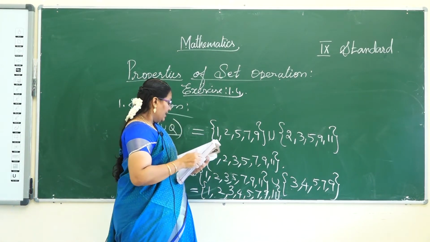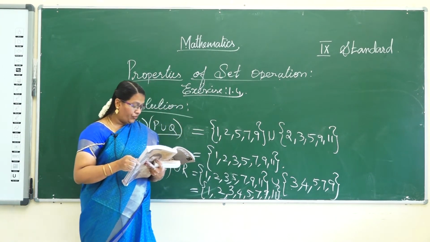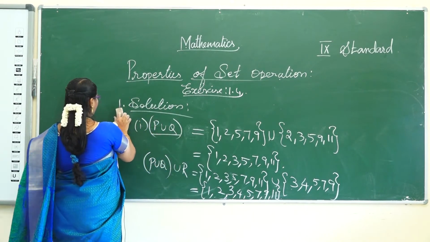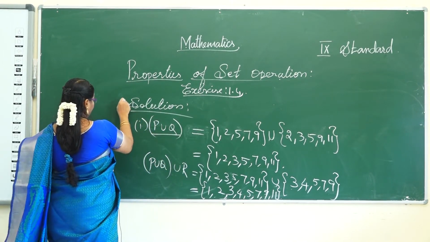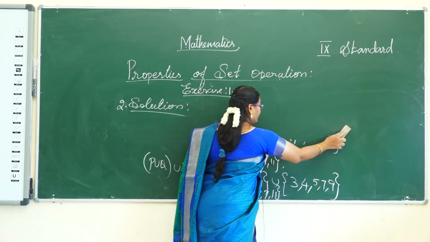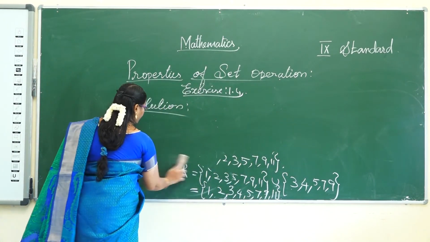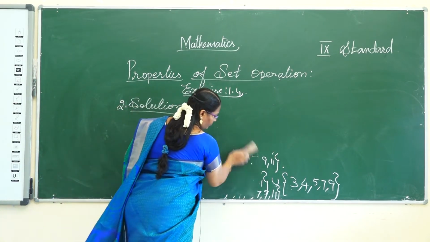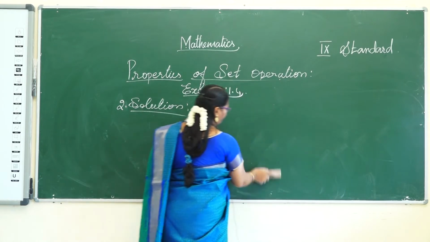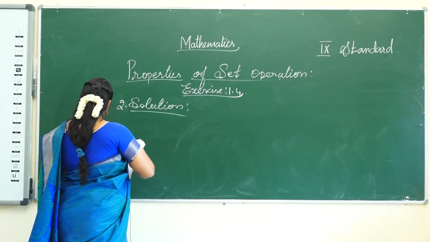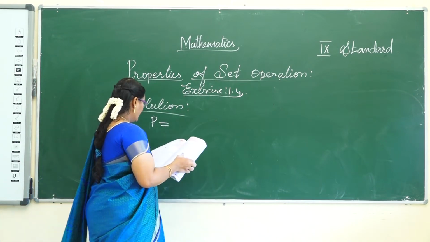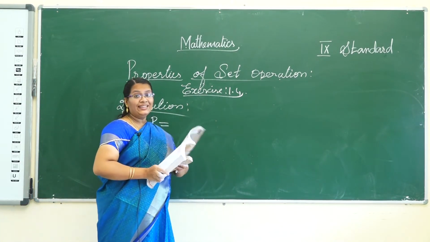The second one: test for the commutative property of union and intersection of sets. Second problem. P is equal to x such that x is a real number between 2 and 7.